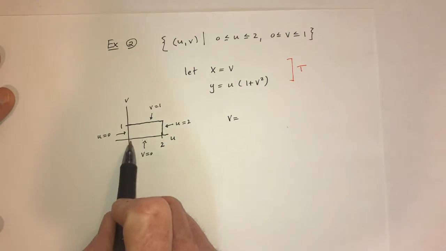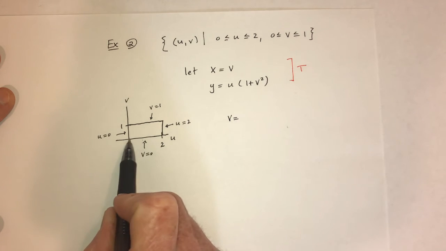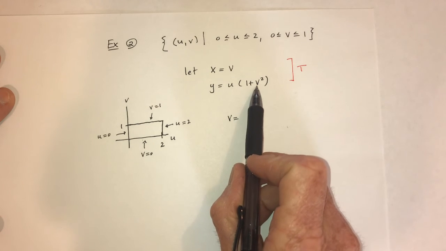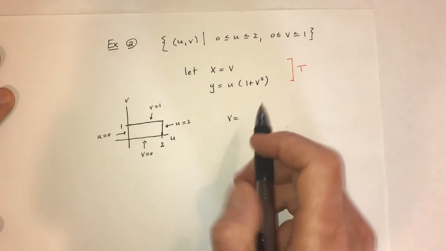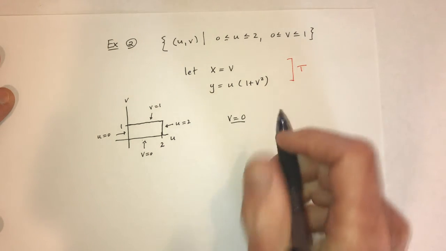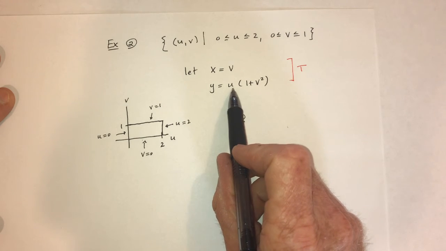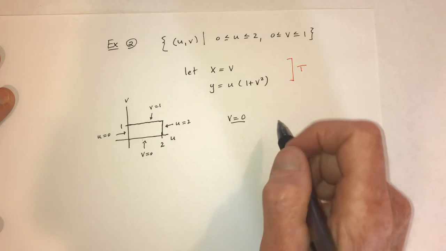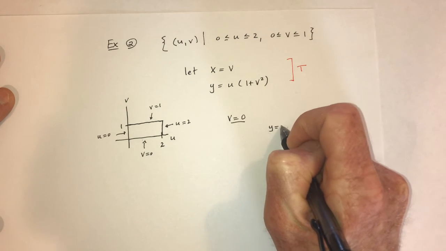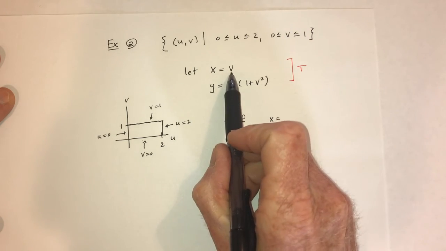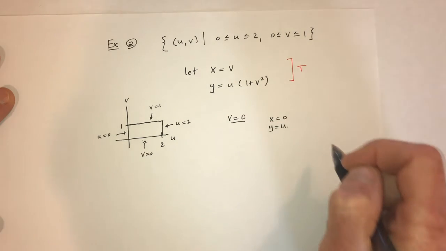So in other words, what happens to this line segment right here? So if v is equal to 0, you can plug that in right there, and it's going to say y is equal to just u times 1. And x, if you plug in that v is 0, it's this.